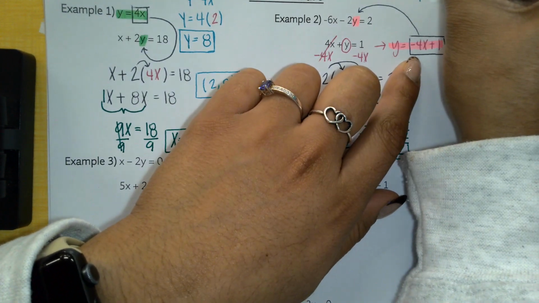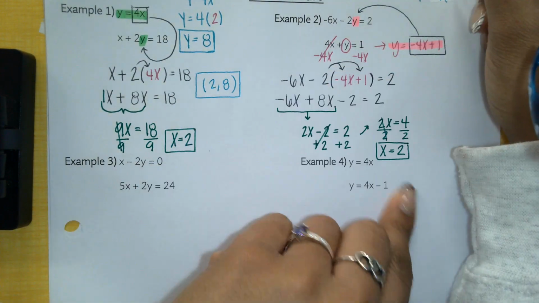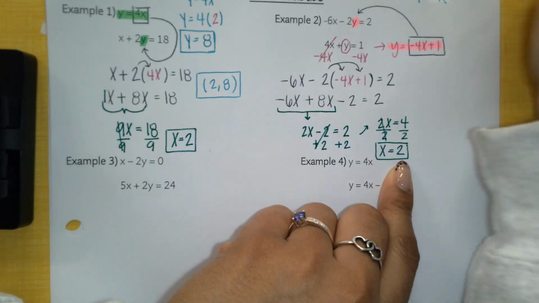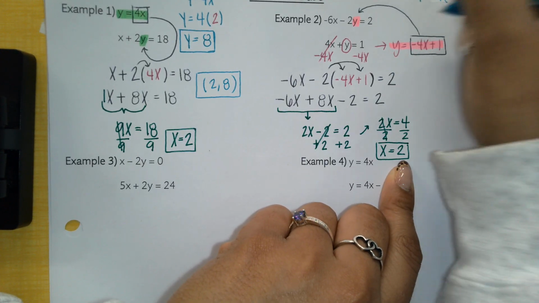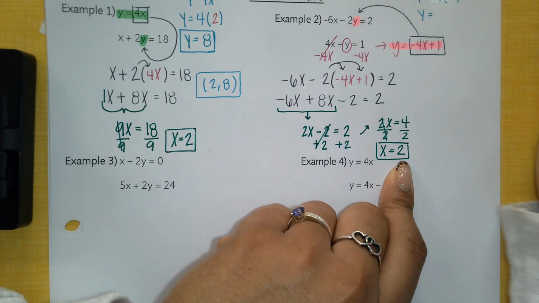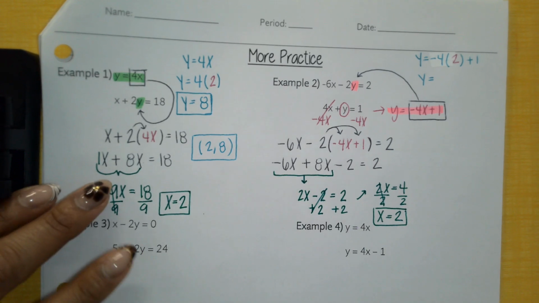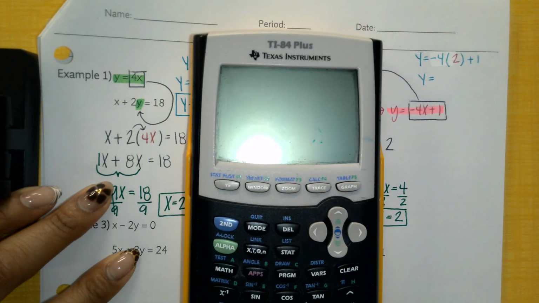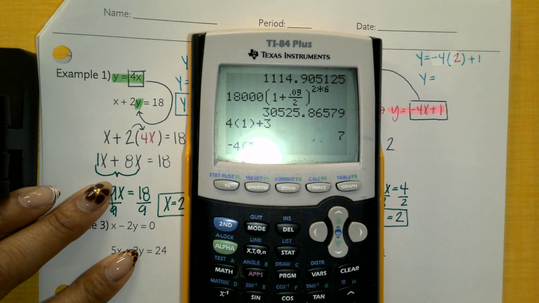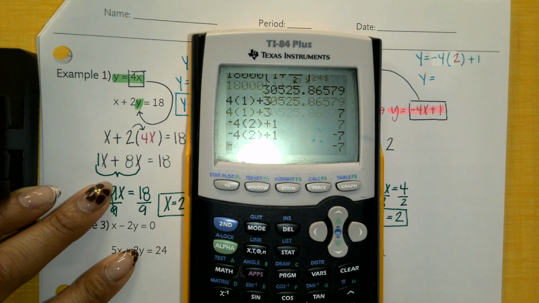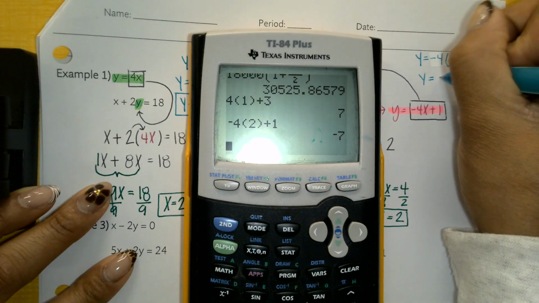So negative 4 times my x, which is equal to 2, plus 1. All right, so we have negative 4 times 2 plus 1. So my y is equal to negative 7.